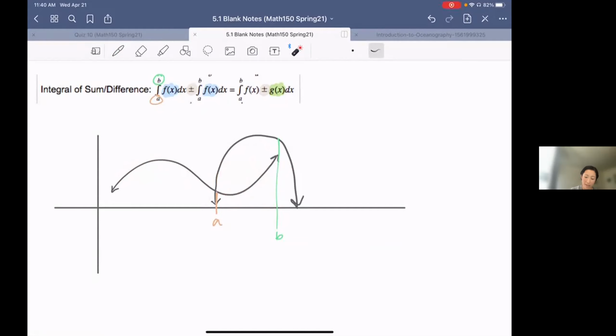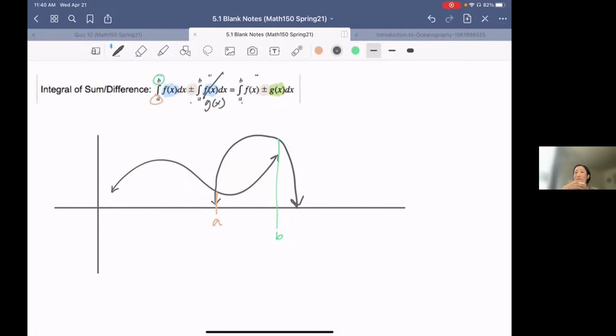Okay, yeah, so that was a great catch on the typo by Thea, so the first blue f of x is supposed to be f of x. The second blue one you have is actually supposed to be a g of x. And that might have actually made things much easier for you, okay?